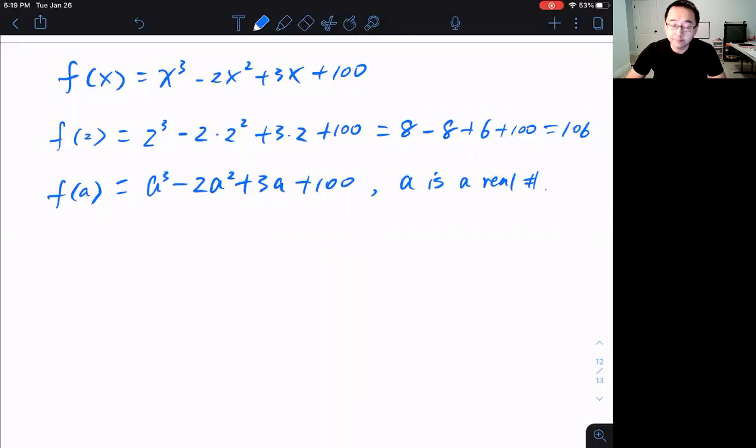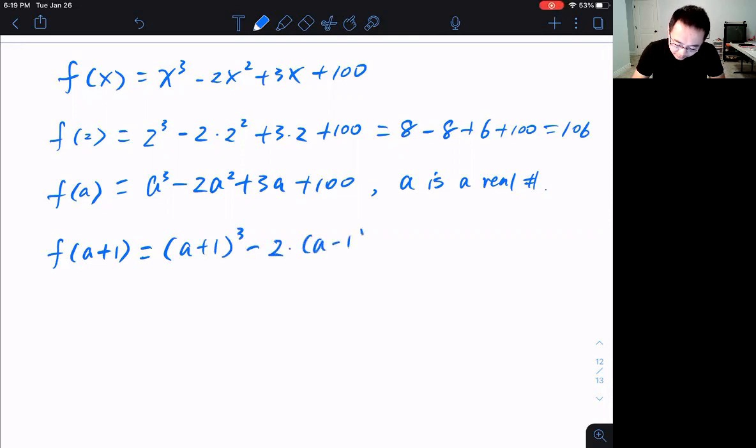Similarly then, you can say, well, x in this case can be a little function of its own, right? So what if it's f of a plus 1, right? x equals a plus 1. Well, then same thing. You just do a plus 1 cubed minus 2 times a plus 1 squared plus 3 times a plus 1, okay, and plus 100.